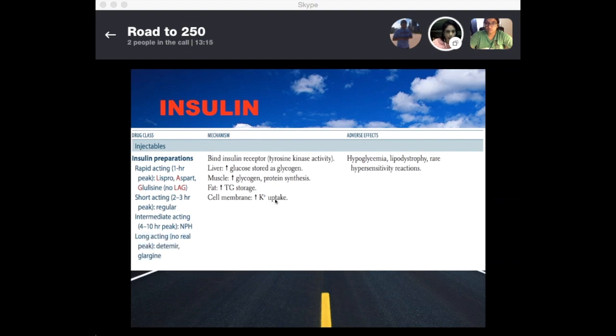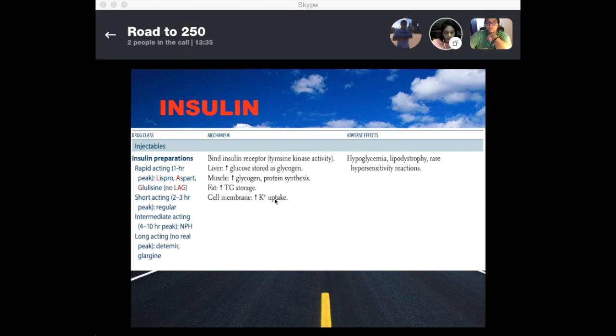And then the long acting, it doesn't really have a set profile, apparently, but according to UWorld, it starts working within 2 hours, peaks between 3 to 9 hours, and lasts up to 24 hours. This is your detemir and glargine.